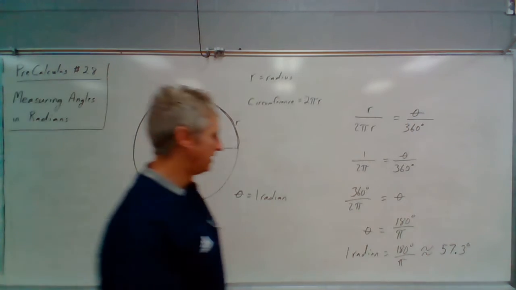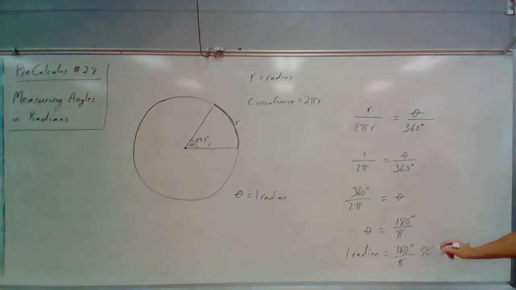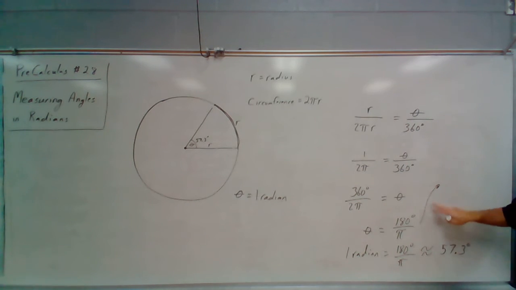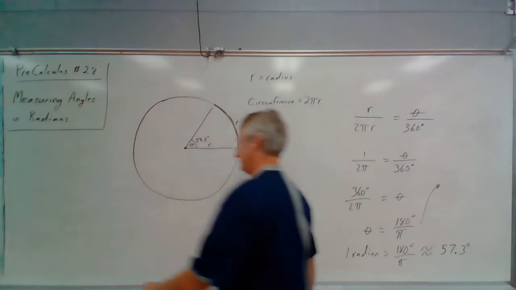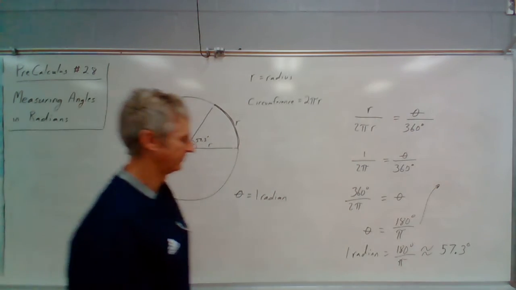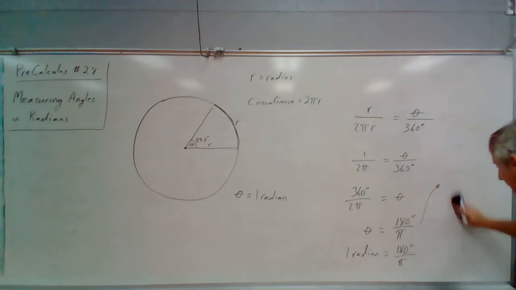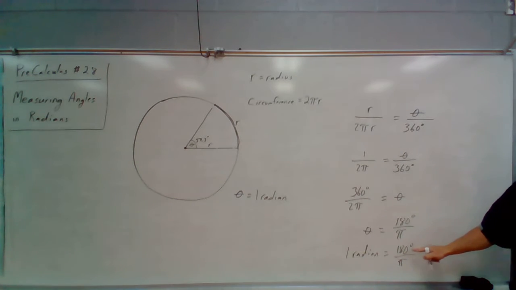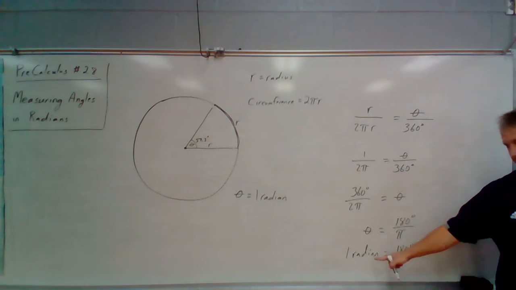All right. Let's take the equation from right here. So from right here, let's multiply both sides of this by pi.